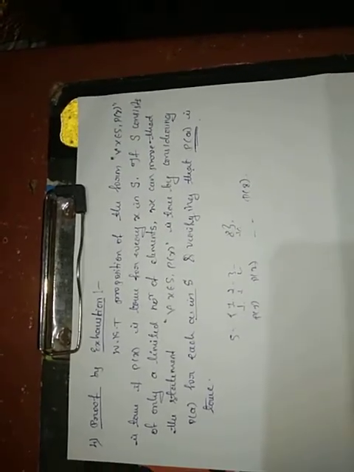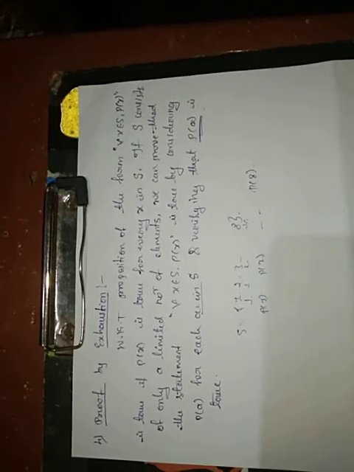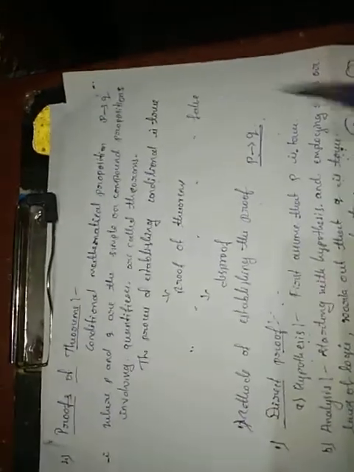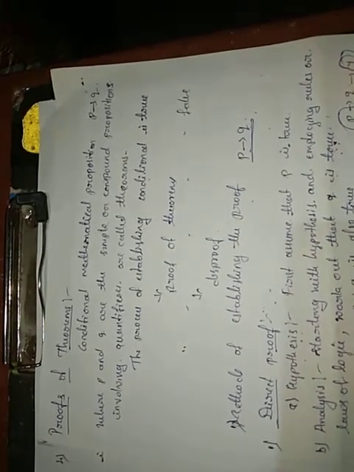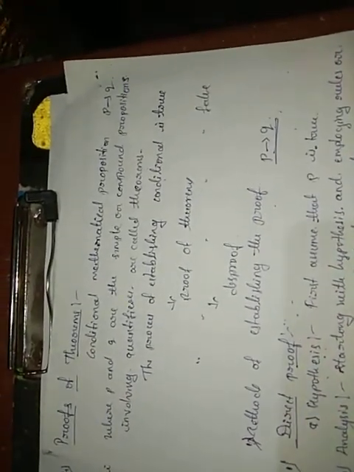In this method also we can prove the theorem. That is the fourth method. So in the proof of theorems, for the given proposition P implies Q, where P and Q also include quantifiers, such statements are called theorems.